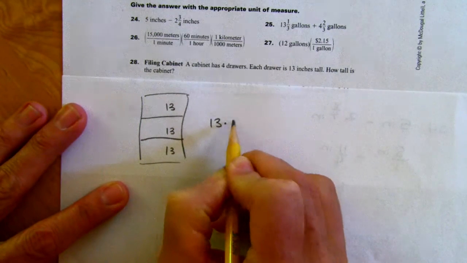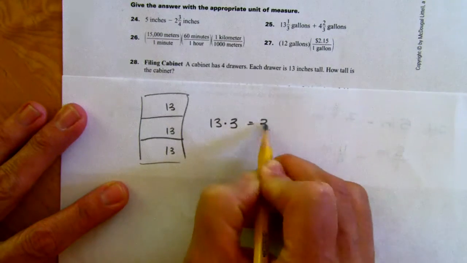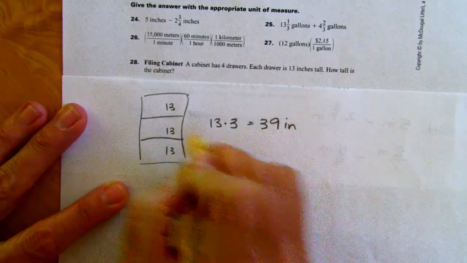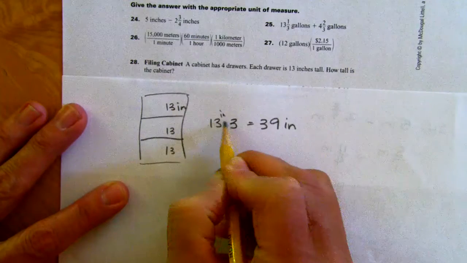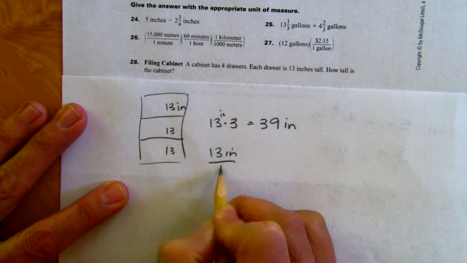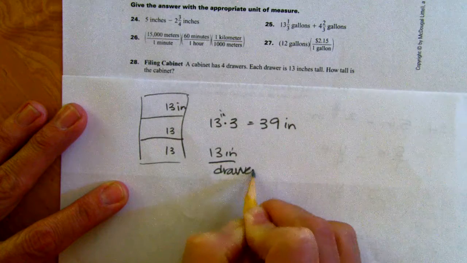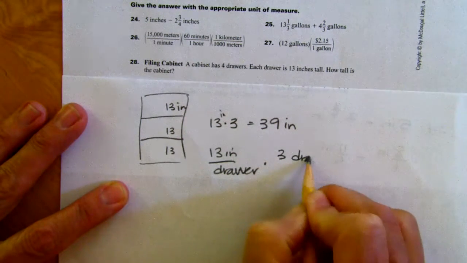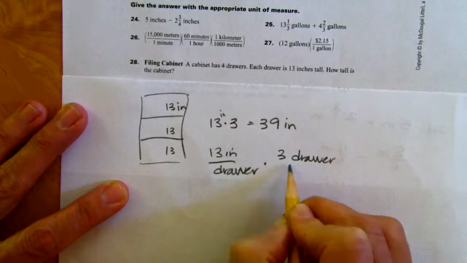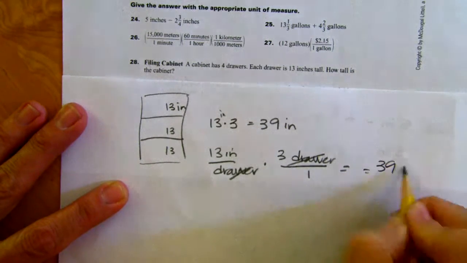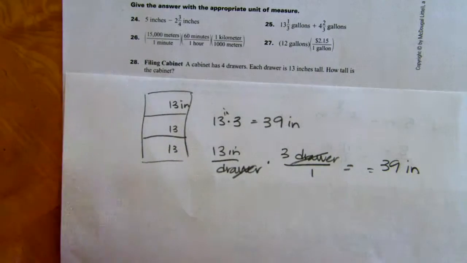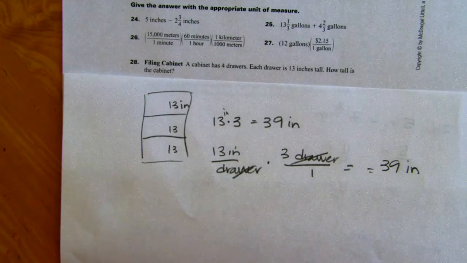So you can either say 13 times 3 is 39 inches. Whoops. 13 inches per drawer times 3 drawers equals 39 inches. It's a little overkill, but example of good problem solving.